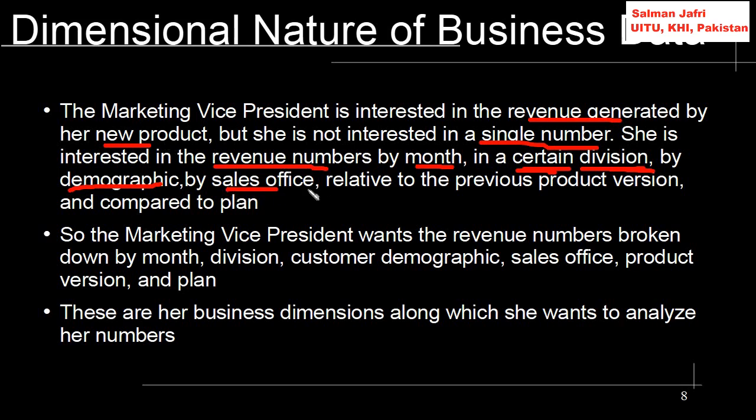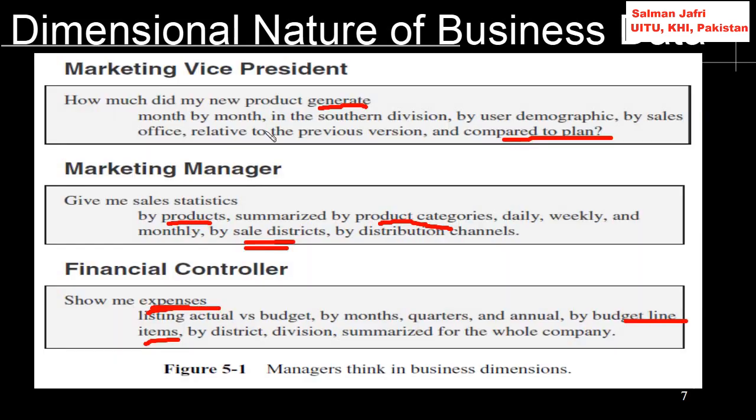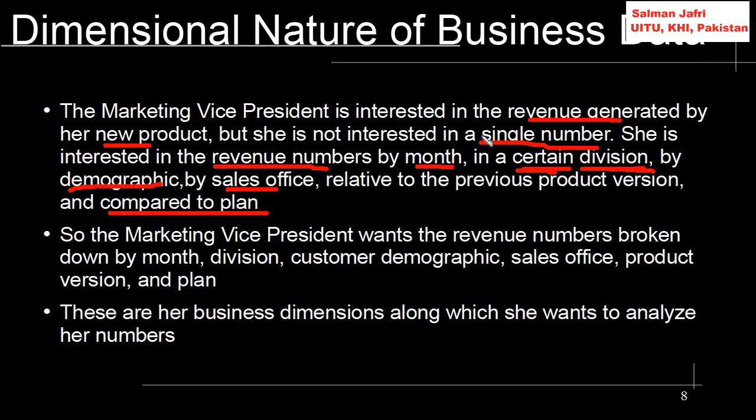A certain sales office. And of course she might compare the revenue of this product version as compared to a previous product version, and she can finally see whether the revenues are according to the plan or not. This we already discussed a little while ago.